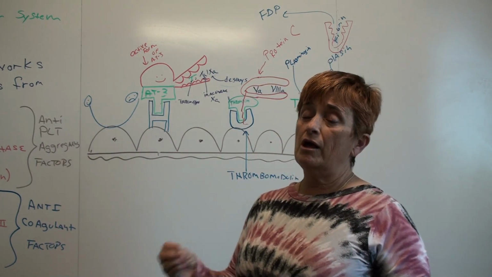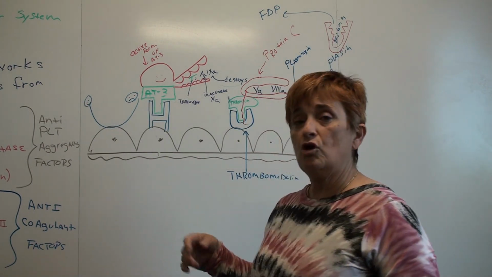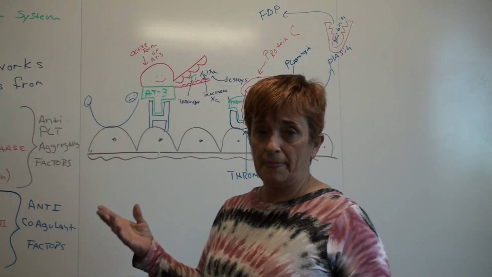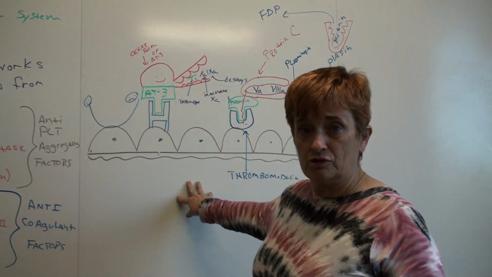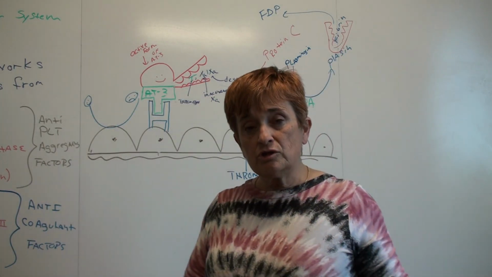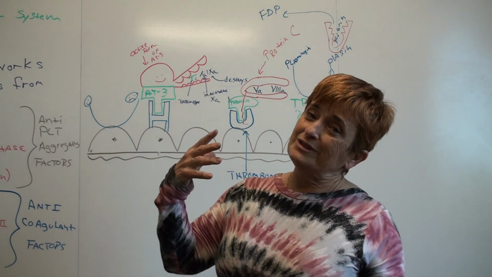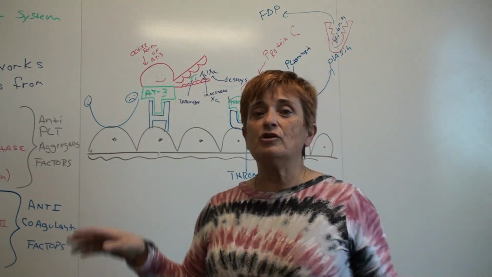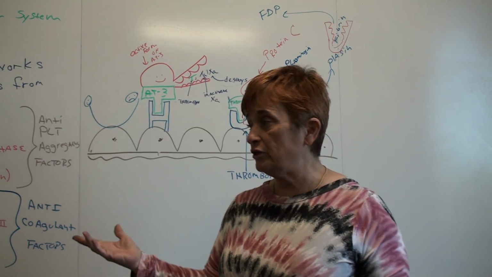That's why a lot of times when people are going into surgery, they will give them anticoagulants, because they don't want them to clot during surgery. If they clot during surgery, they're going to throw a clot. When we say quote unquote throw a clot, they're going to get an embolus, and then they could have a stroke or something else that's horrible.